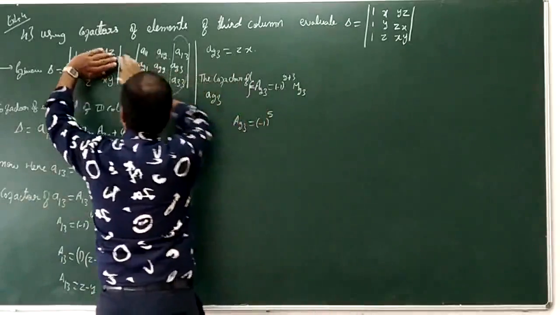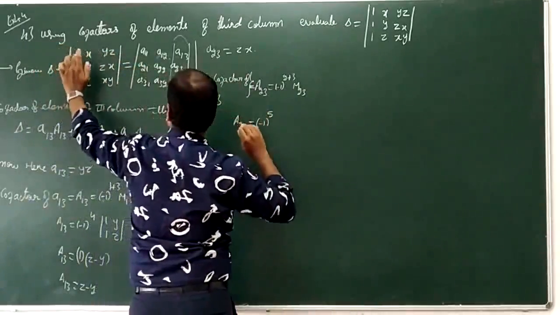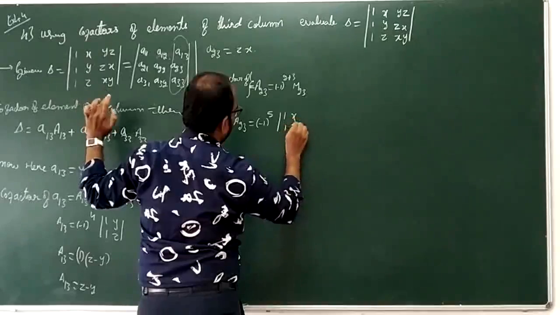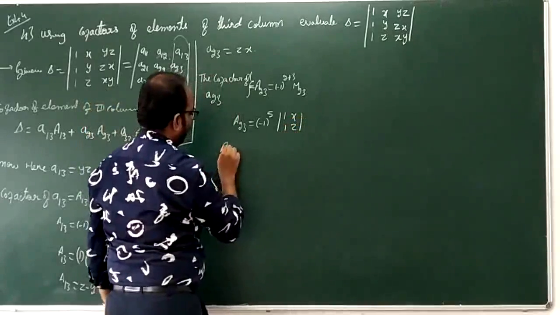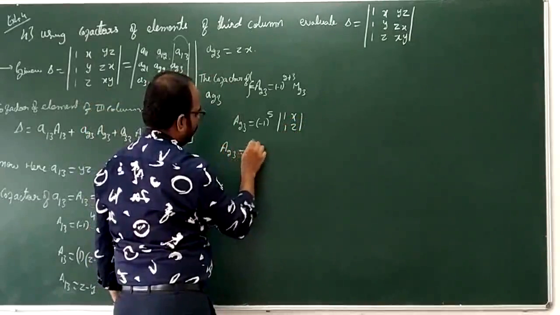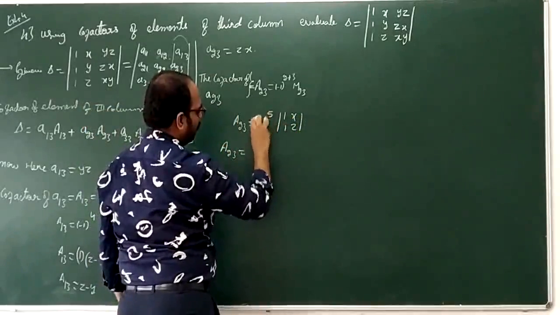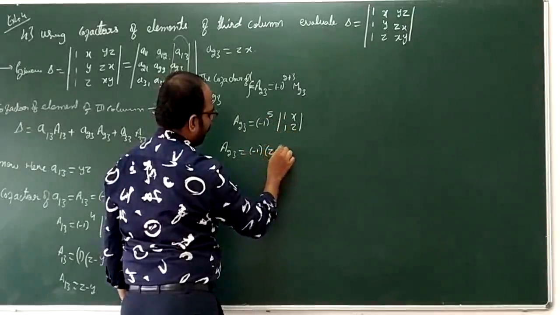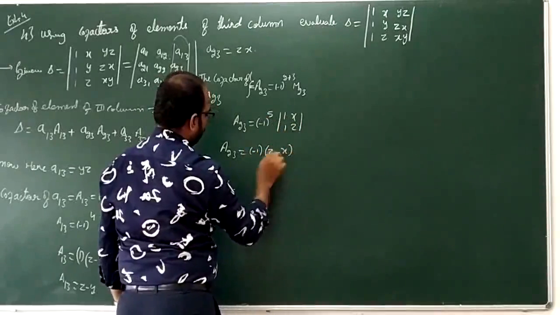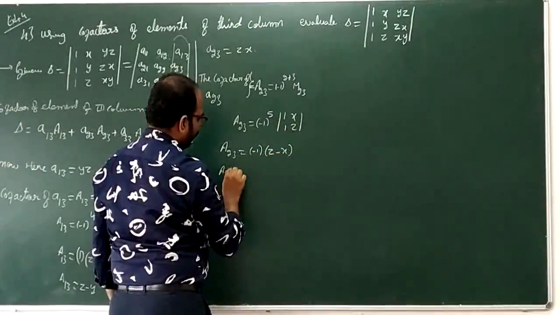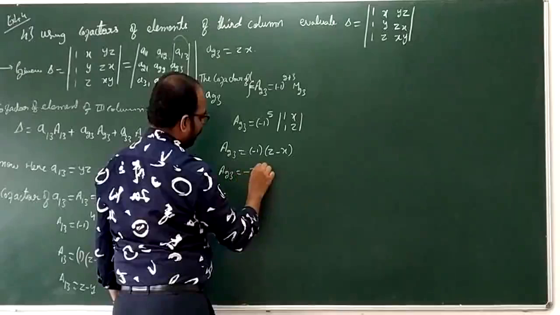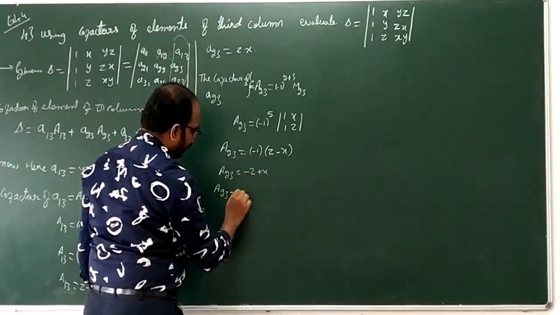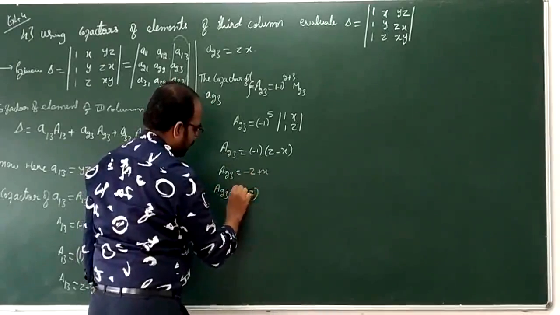Minus 1 to the power of 5 is an odd power, so its value is minus 1. Minus 1 into 1 into z is minus z, plus x, so the cofactor of a23 is x minus z.